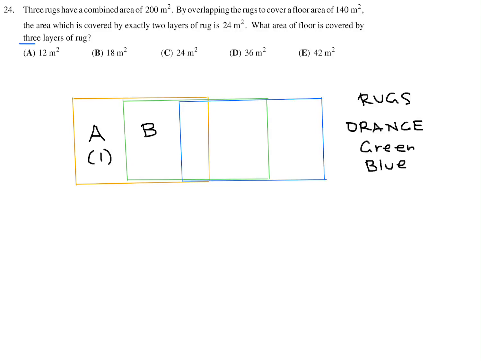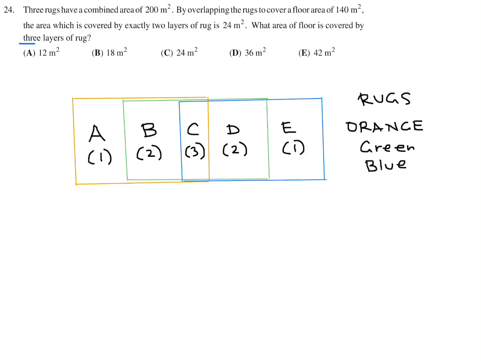This part here I'll call B. That part of the floor is covered by 2 rugs, the orange and the green. They're overlapping, so I put 2 in the brackets there. This part of the floor, I'll call C, and that part is covered by 3 rugs. It's covered by orange, green, and blue. So put 3 in the brackets there. And D is covered by 2 rugs, and E, that part of the floor, is covered by just 1. All right?